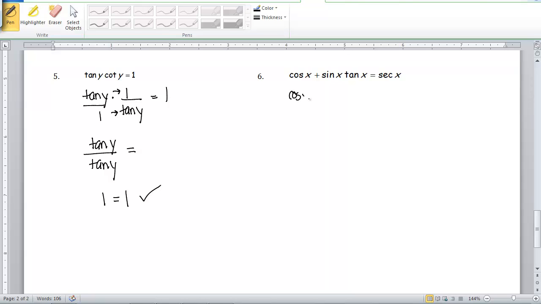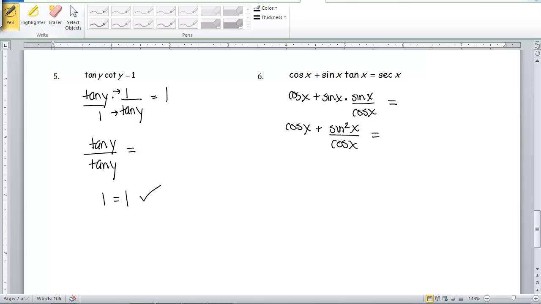Cosine is obviously already in those terms, so is sine. But tangent, I can use the quotient identity and change that to the sine of x over cosine of x. If I then multiply those together, that would give me sine squared x over cosine of x.